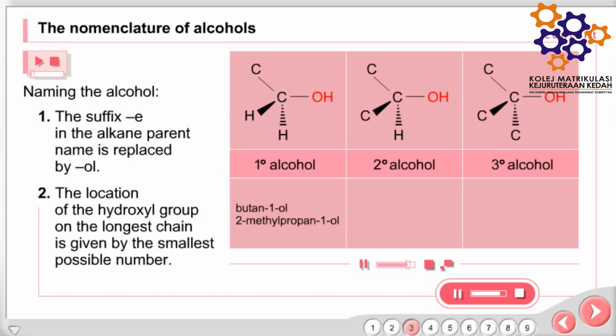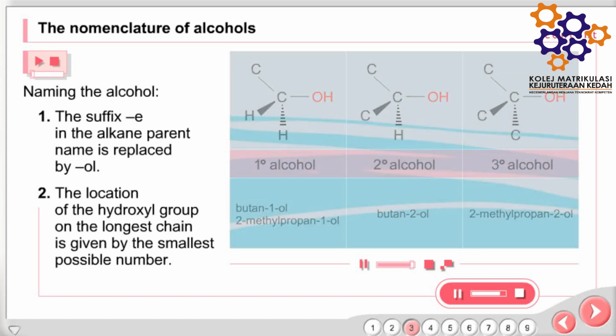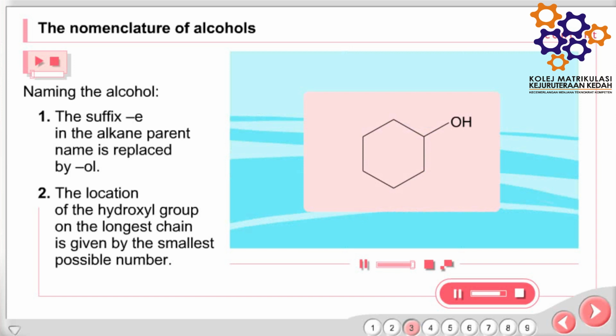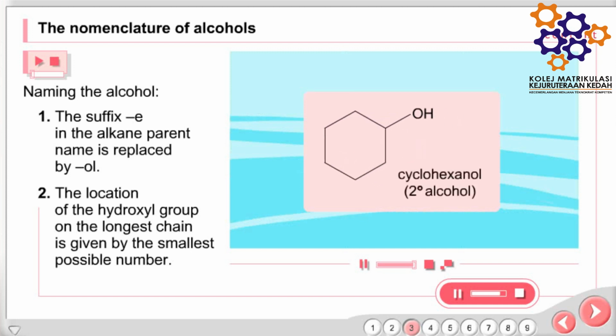Thus, butan-1-ol and 2-methylpropan-1-ol are primary alcohols. Butan-2-ol is a secondary alcohol, and 2-methylpropan-2-ol is a tertiary one. Derivatives of cycloalkanes containing hydroxyl groups are alcohols too. An example is cyclohexanol, which is a secondary alcohol.